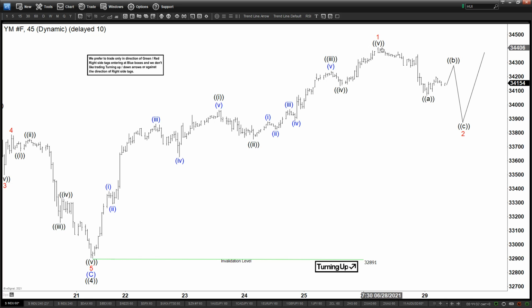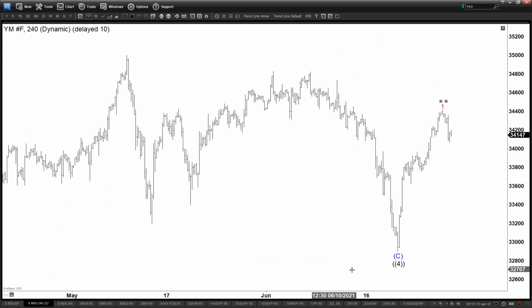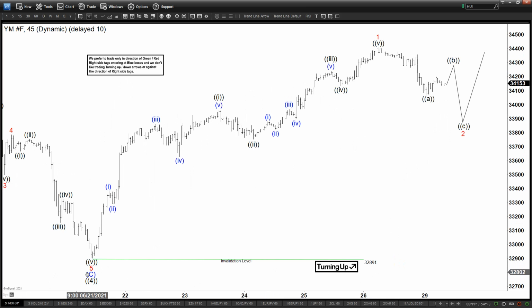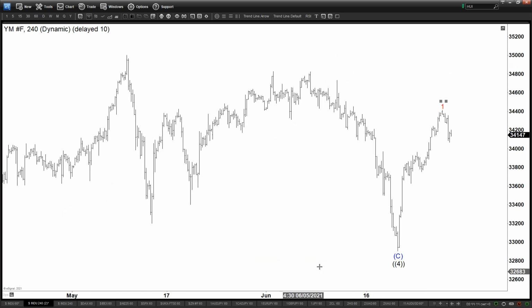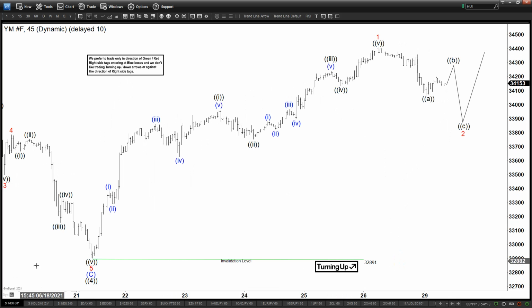So let's zoom out and see a couple of alternates and also possible other paths here for the Dow. This is the 4-hour chart. I'm just adding here the same count. C4 here is here, and then this is the one in red over here.